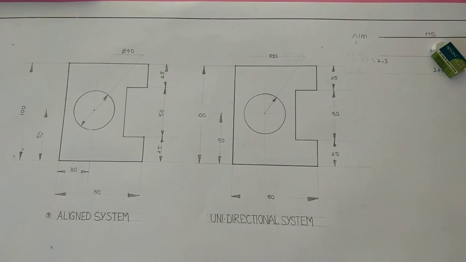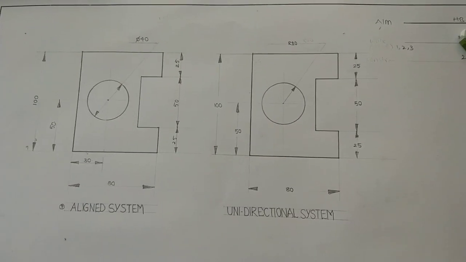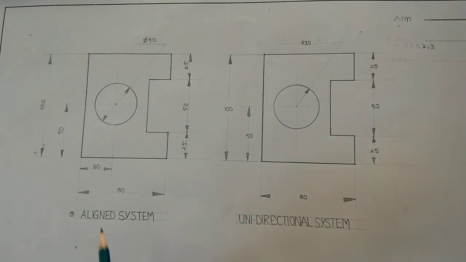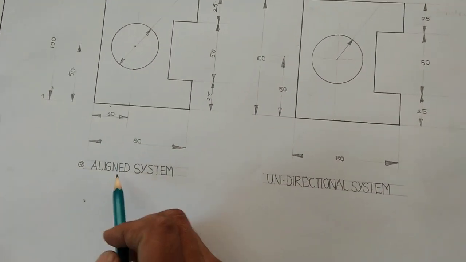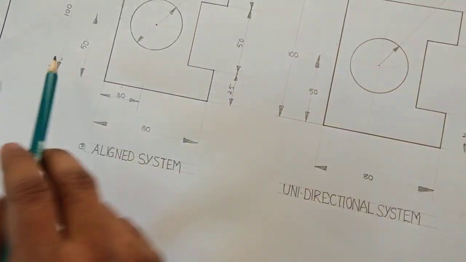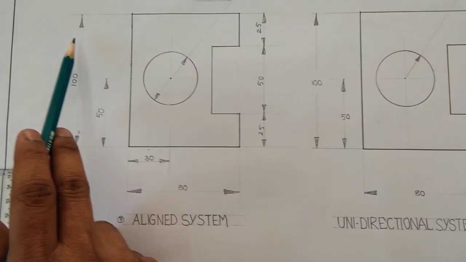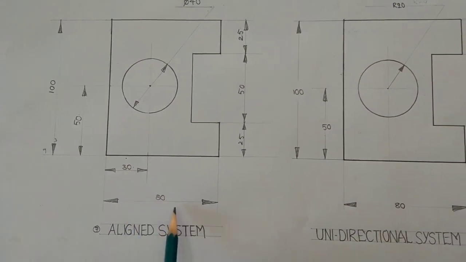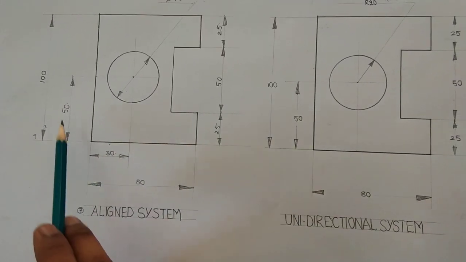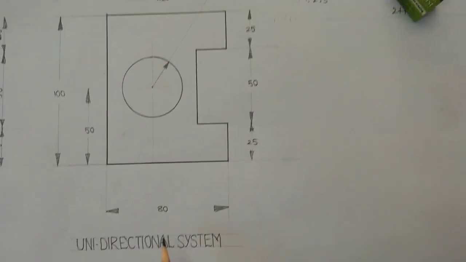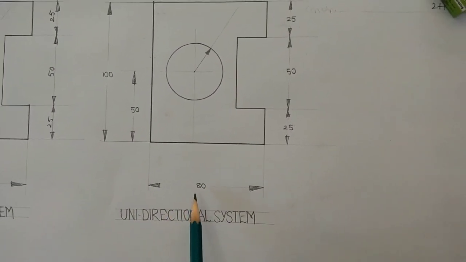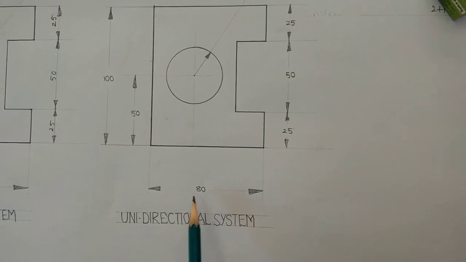One more point I have to mention, the difference between aligned and unidirectional system. According to the aligned system, we should place the dimensioning figure exactly in the middle and above the line, whatever the dimensional line, either vertical or horizontal. But in the unidirectional system, we have seen one difference: the number is placed within the broken lines.